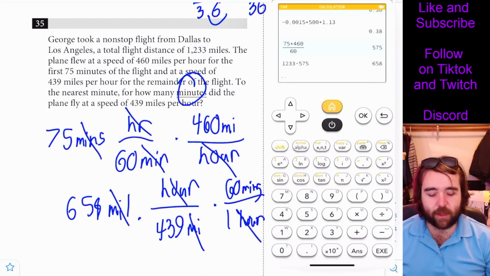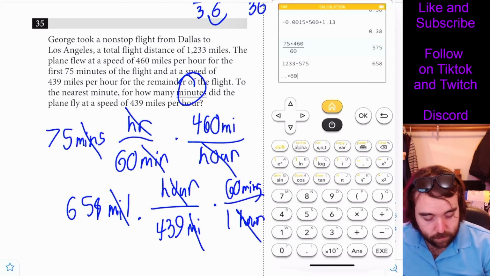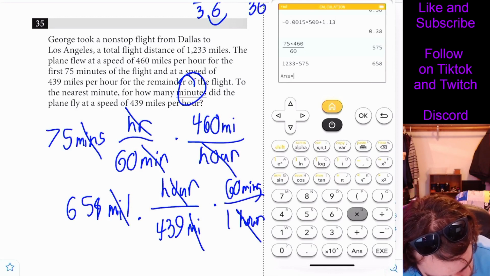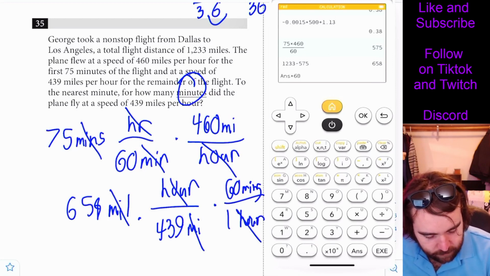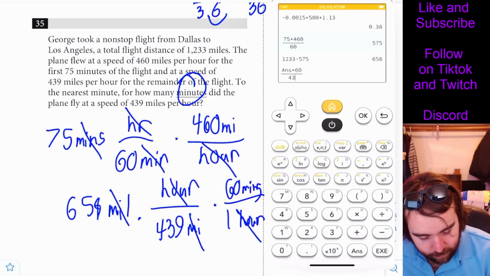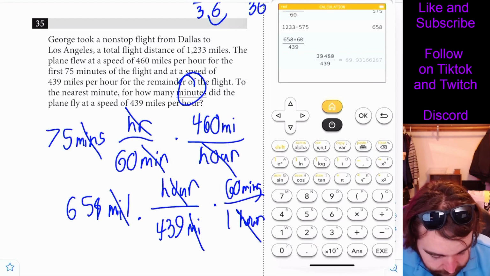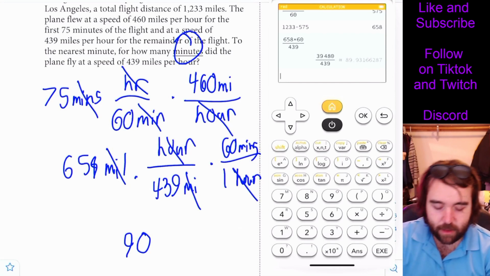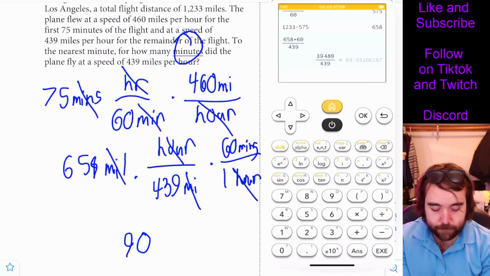So now we know how many minutes it'll take to travel that final distance at that speed. So we'll do that answer times 60 divided by the 439. And then they want us to the nearest minute. So it looks like 90 minutes. An hour and a half left. Makes sense. They're less than halfway there. Going a little slower.